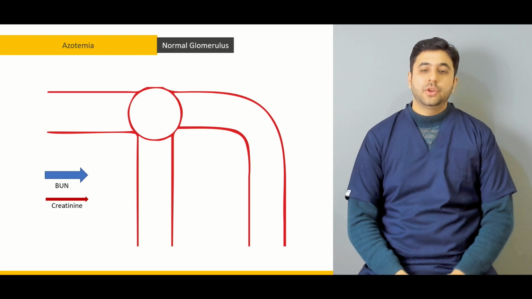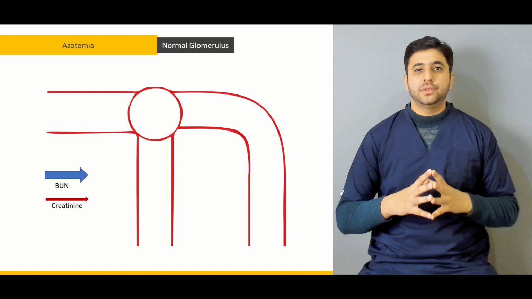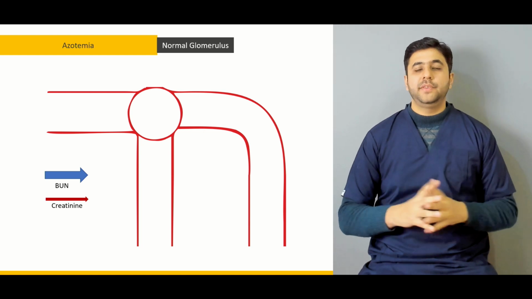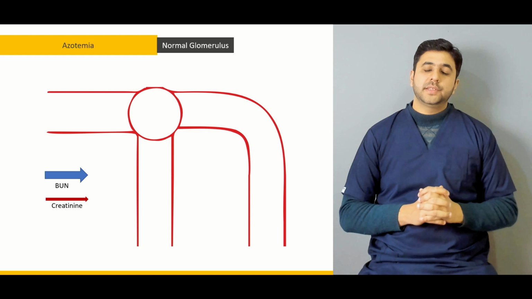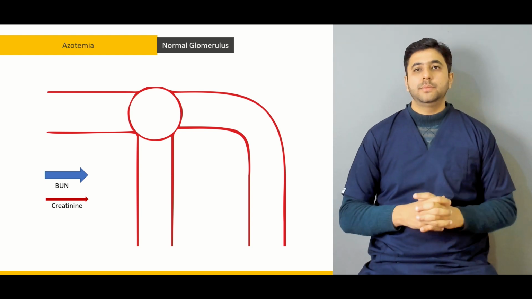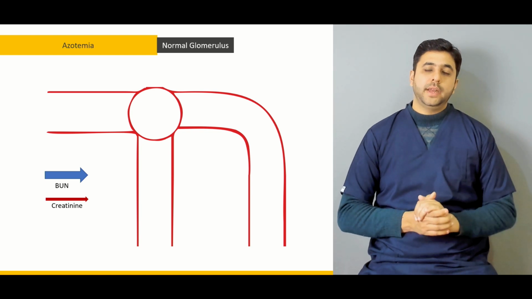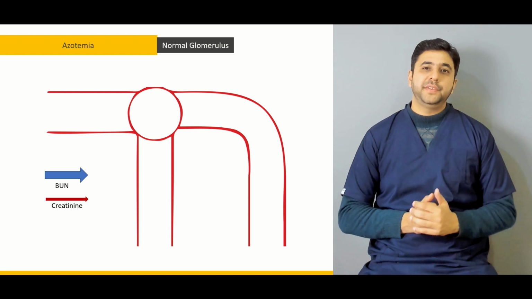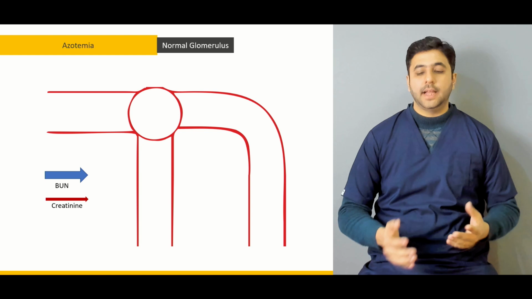In a normal person, the normal value of the BUN, or blood urea nitrogen, is roughly about 15 to 20. As far as creatinine goes, the normal value is about 0.6 to 1.2. So if we take the ratio of BUN divided by creatinine, it generally comes out to be around 15. For simplicity, we would use 15 as that number.